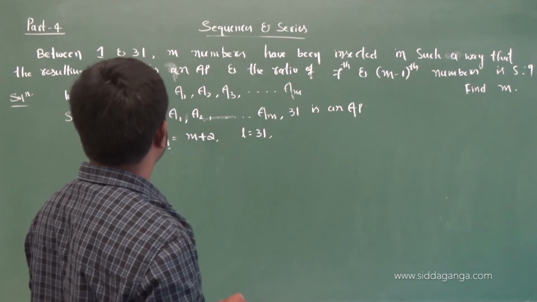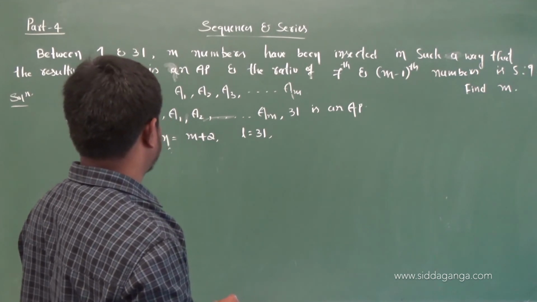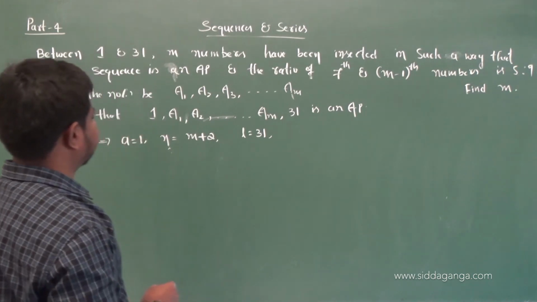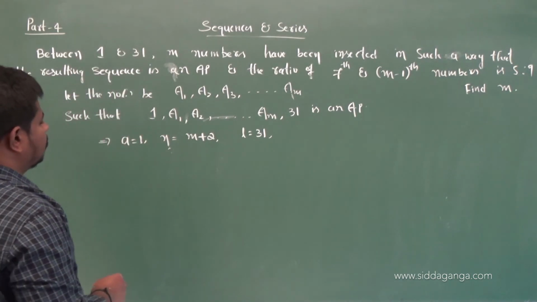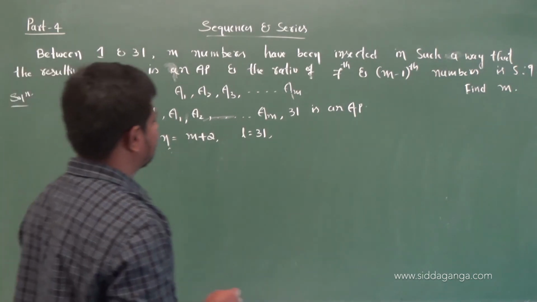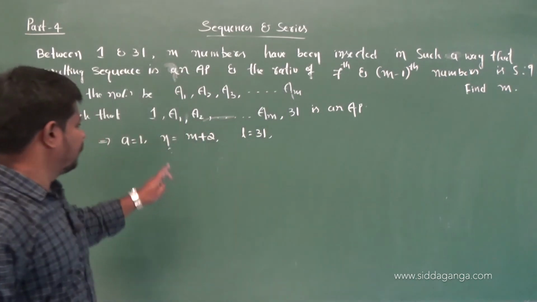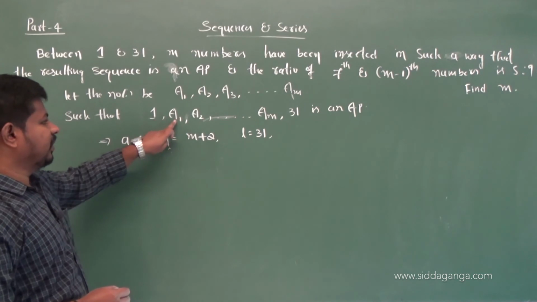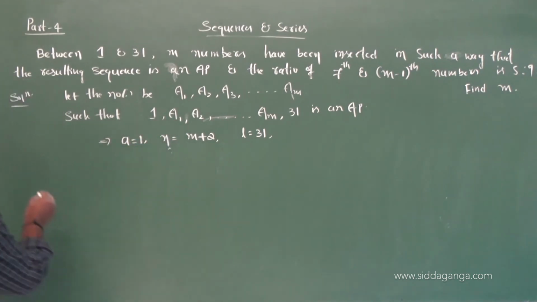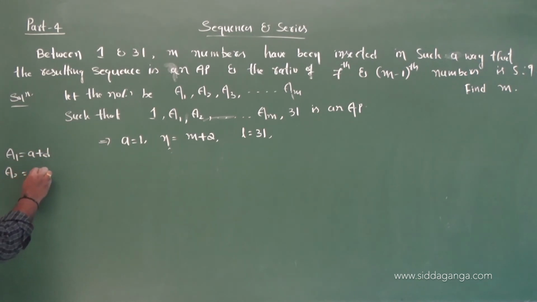So now, let me find d. One more thing they have given, the ratio of the 7th term. Here the first term is a, the second term A1 becomes a plus 1d, A2 becomes a plus 2d.